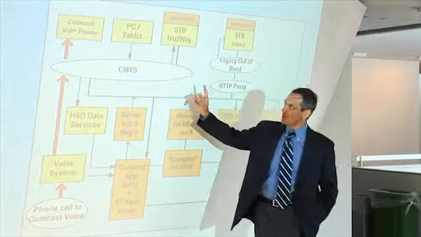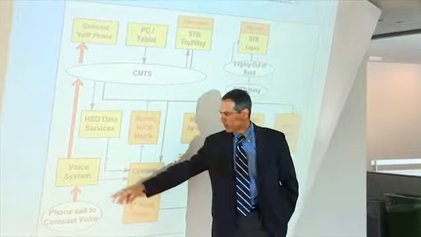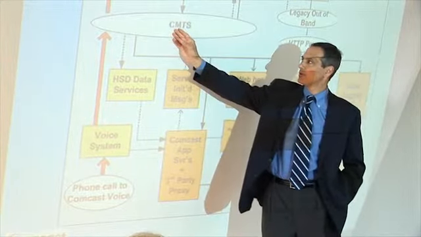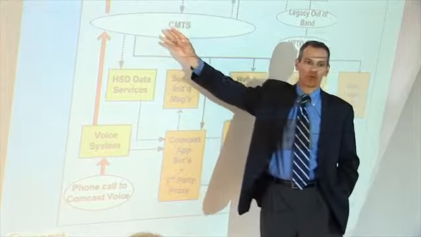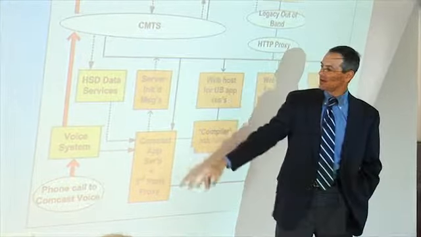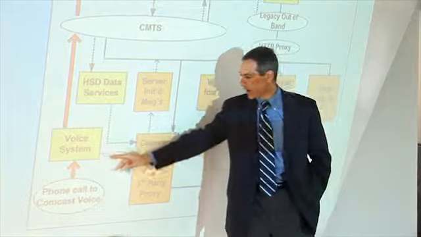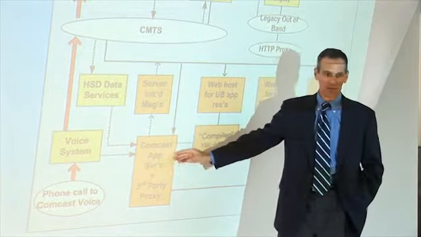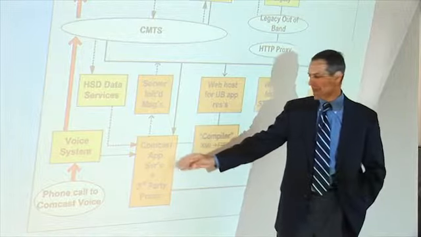If you do the caller ID use case, a phone call comes into the voice system, and that pushes it through a CMTS to a voice over IP phone. At the same time, the voice system is sending a message to an EBIF app server, or an app server.